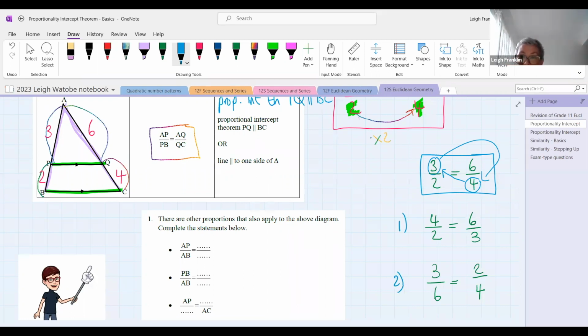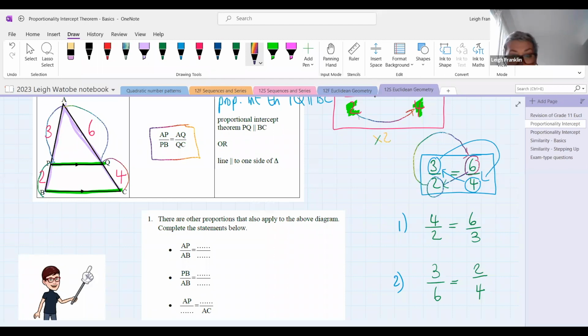Then I did another manipulation. So the first time I interchanged 3 and 4. The second time I interchanged 2 and 6. So in other words, I took 6 from the top here and moved it down to where 2 is, and I took 2 from the bottom and put it up where 6 is.